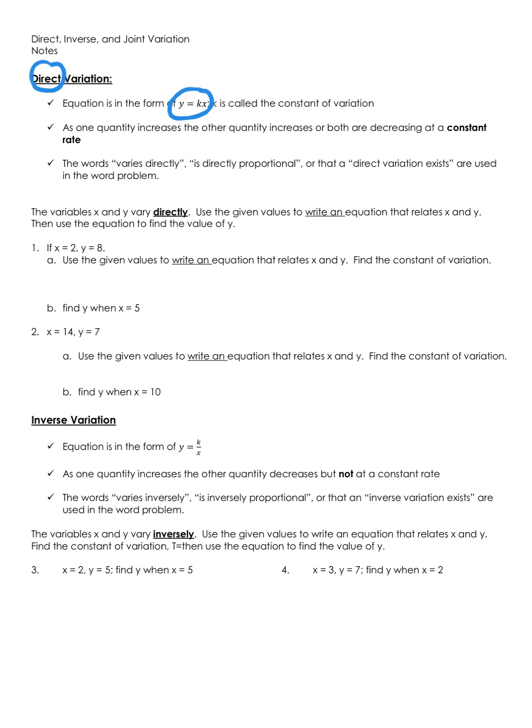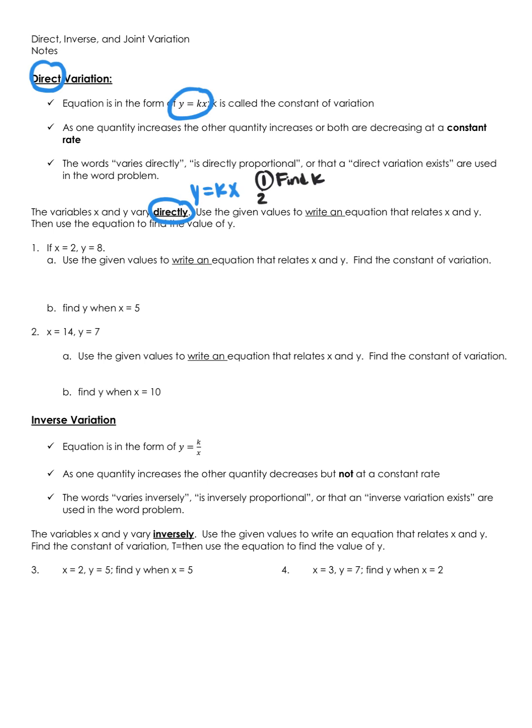The first thing you're going to do, okay, when you have a direct variation, so this problem right here says the variables x and y vary directly. So when it says that they vary directly, you're going to say, okay, so that means y is equal to some constant k times x. And then the first thing that you're always going to do is we're always going to find k first.